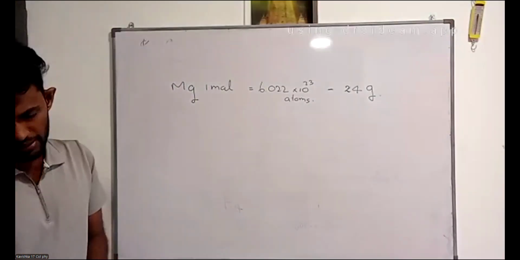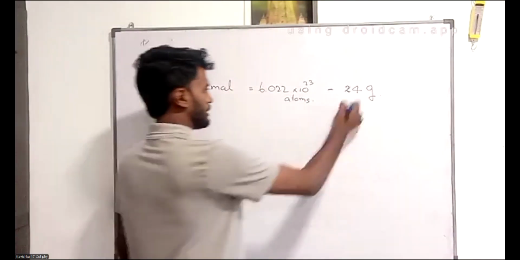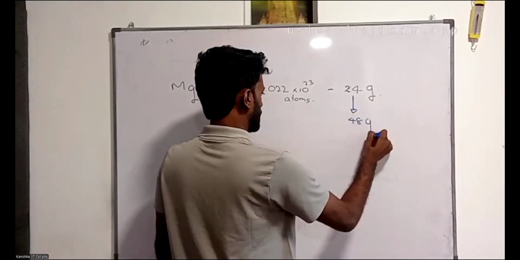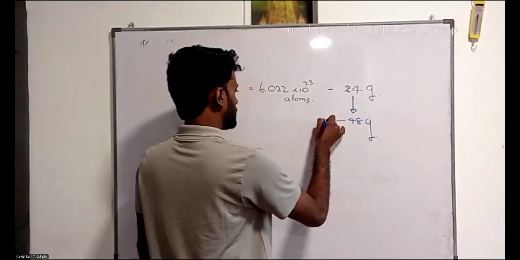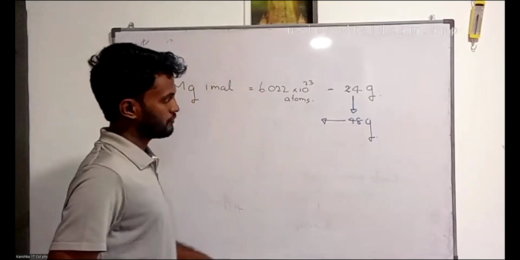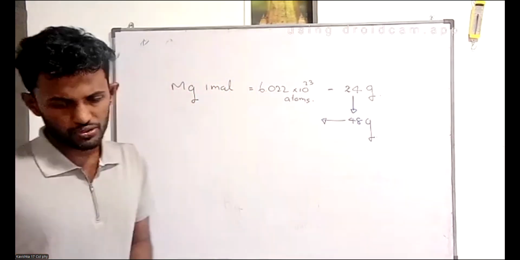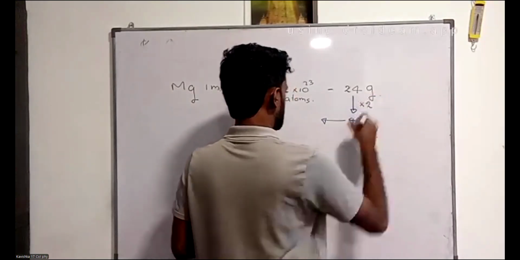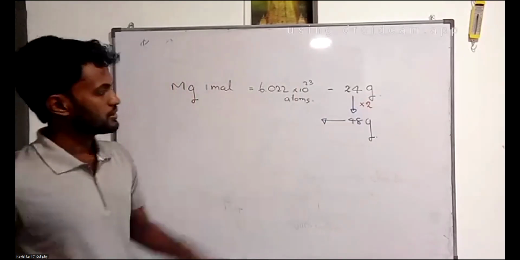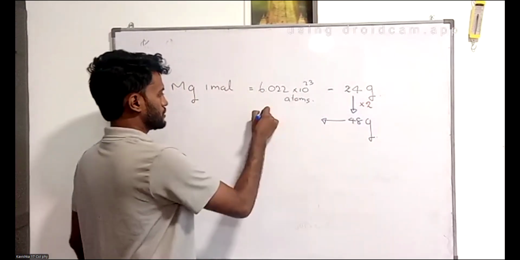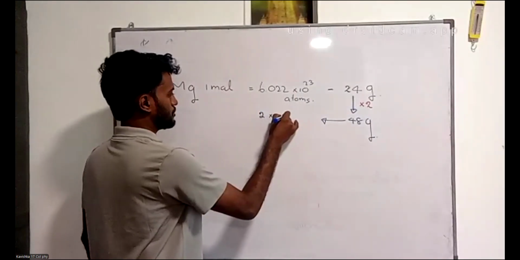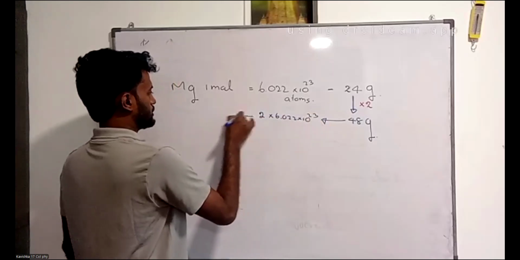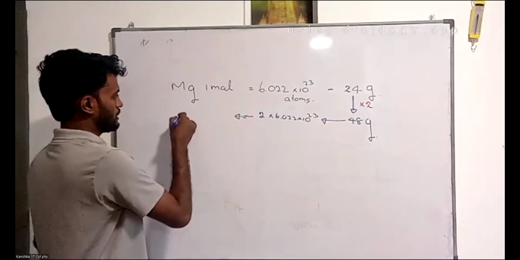Then this particular question asks about 48 grams. How many atoms? To make 24 into 48, we multiply by 2, so here also it should be multiplied by 2, and that's also applicable here.